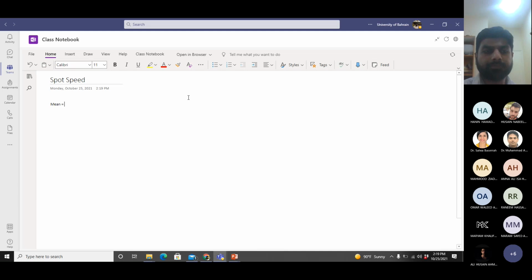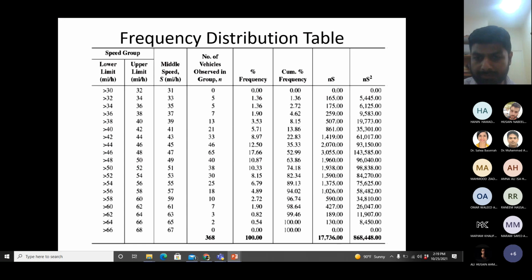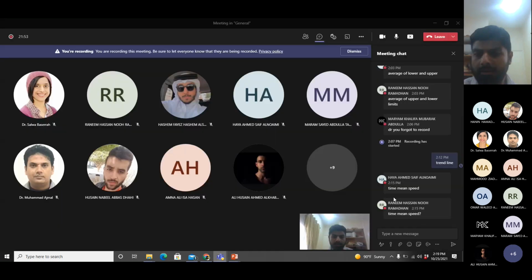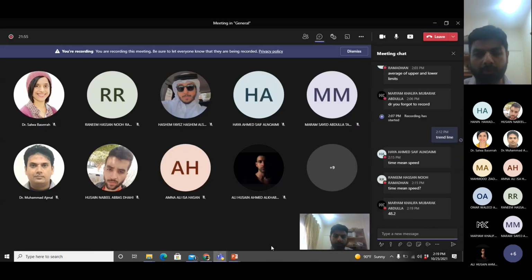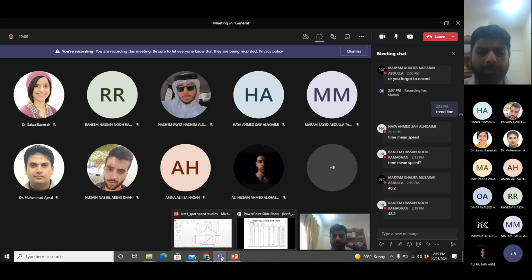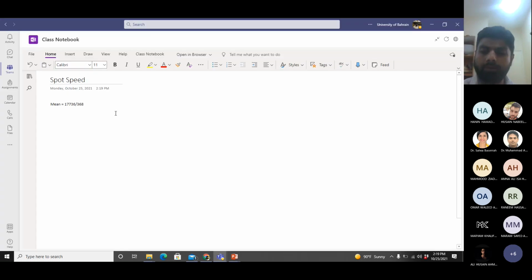Okay, mean: 17736 divided by 368. How much is it? 48.2. 48.2 miles per hour. Okay, good. 48.2 miles per hour. This is how you calculate the mean.